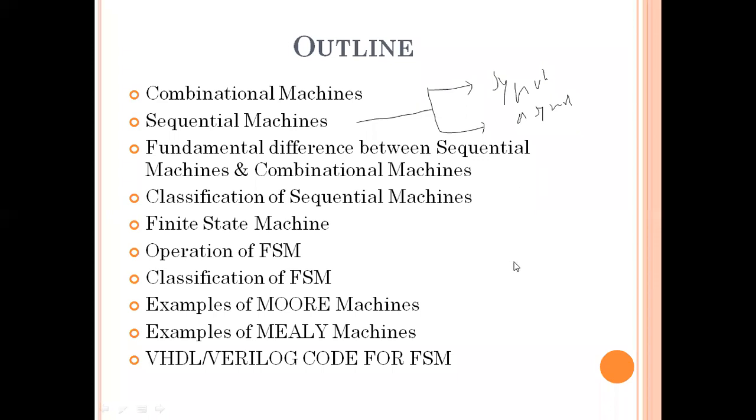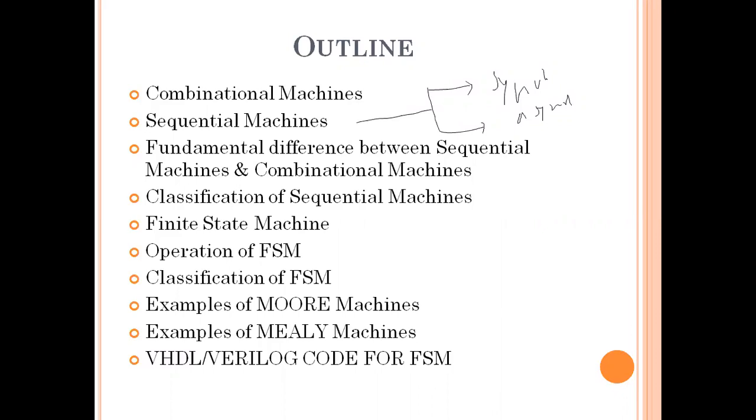Anyone please reply to me. If the 4-bit binary counter is there, how many possible states does it have?